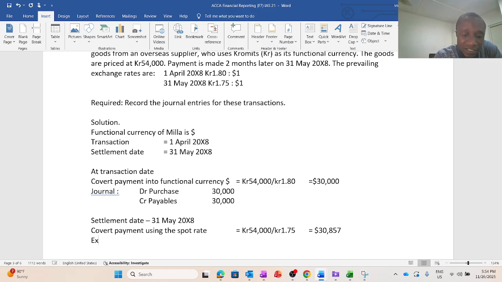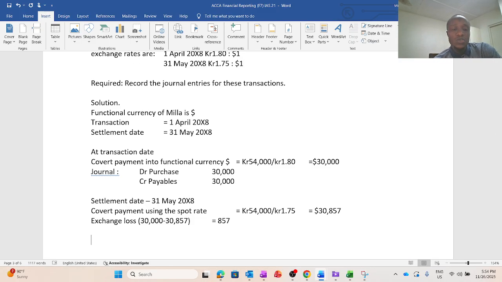So the exchange loss or difference is equal to 30,857 minus 30,000. Therefore, we have an exchange difference of 857. So this is the concept and this is what you need to know.